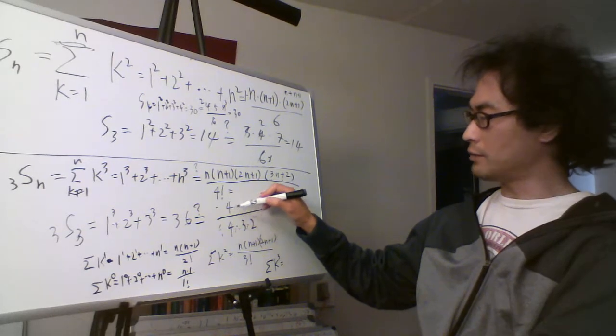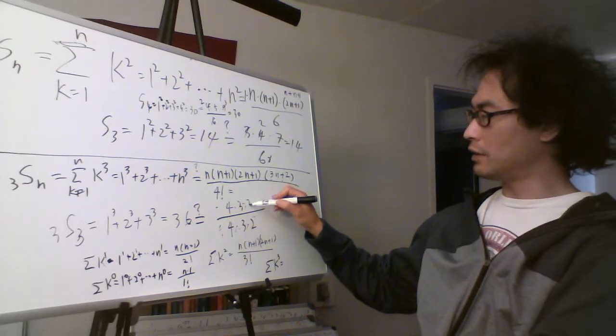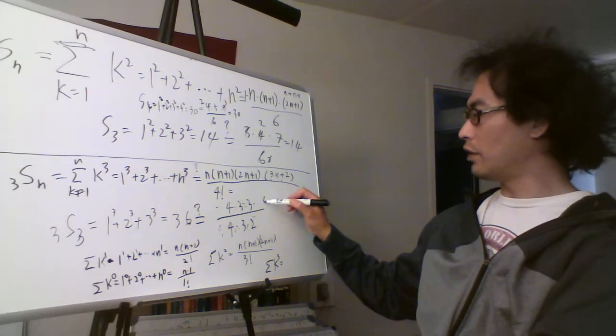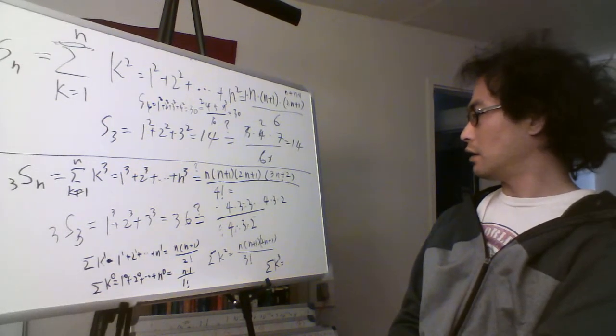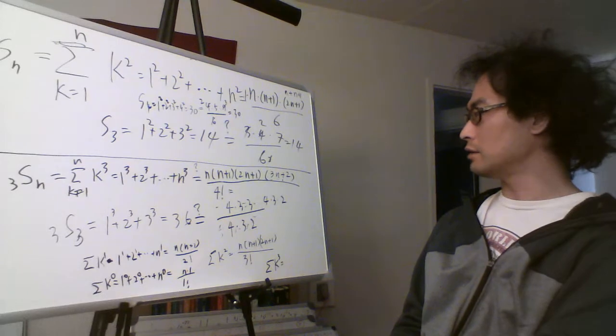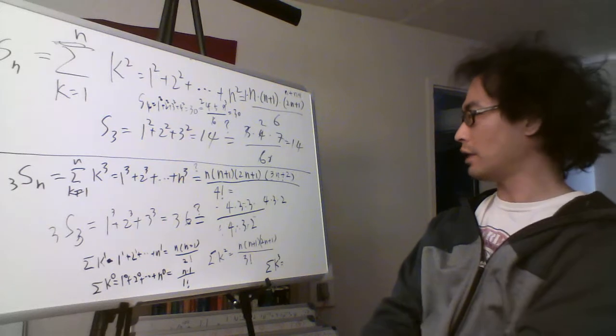So 4 times 3 times 3, and then we have 4 times 3 times 2, okay? What is n? N is 3, okay?